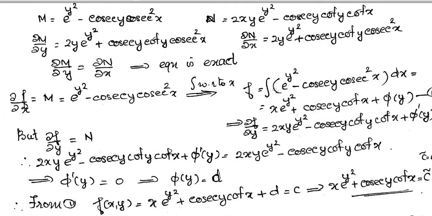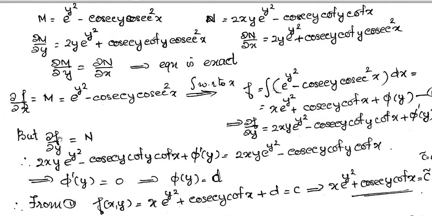This is a function of y, so it is constant when you integrate with respect to x, so we get x e raised to y square plus cosec y cot x, then the constant of integration is phi of y, because we are integrating with respect to x and y is considered constant. Therefore, in place of the arbitrary constant we write phi of y.